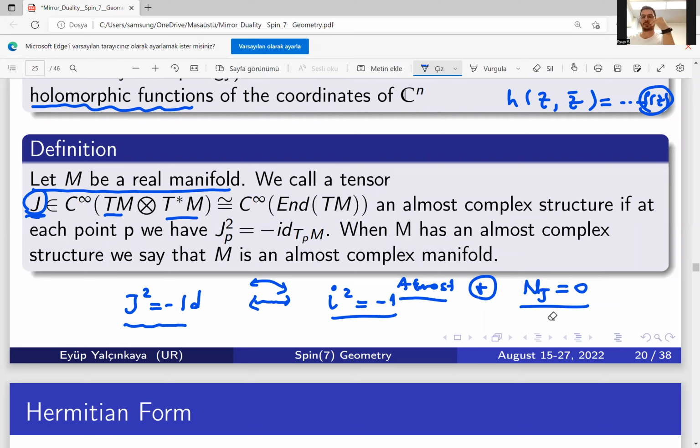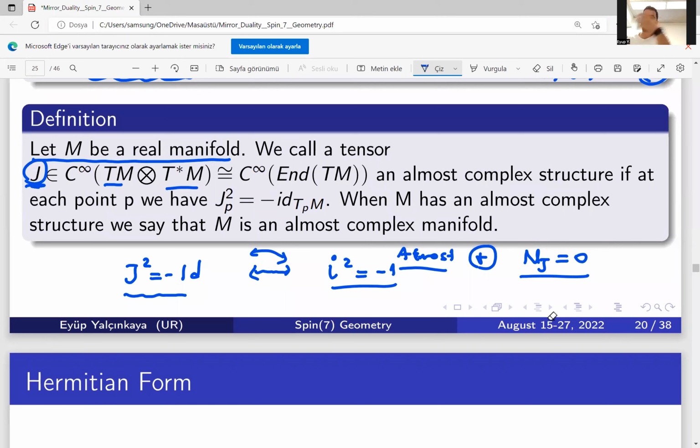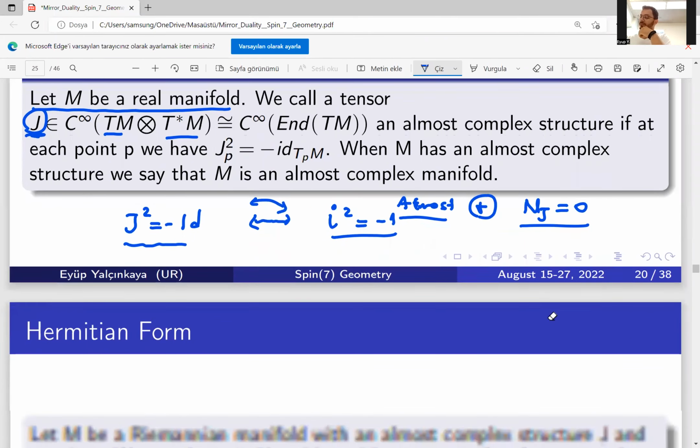That's why we start with an almost complex structure, and for that manifold you can find the extra condition. That's why we have to understand both the complex manifold and the almost complex structure.